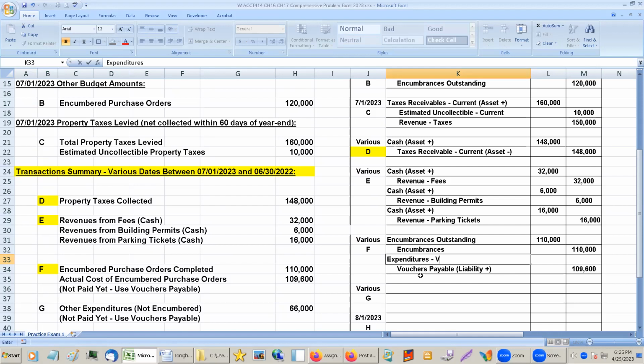It doesn't matter whether it's a truck or postage stamps or whatever it is, it's an expenditure. Building, wages, all just expenditures.